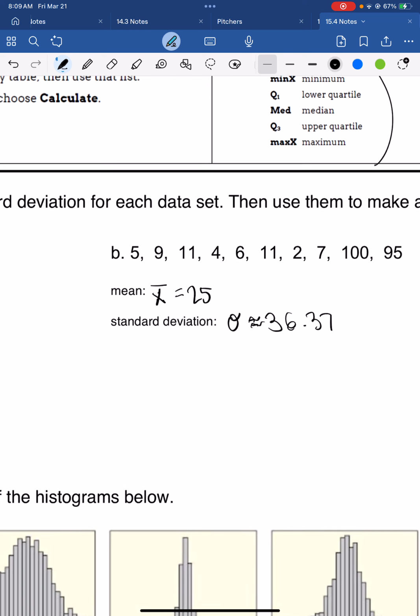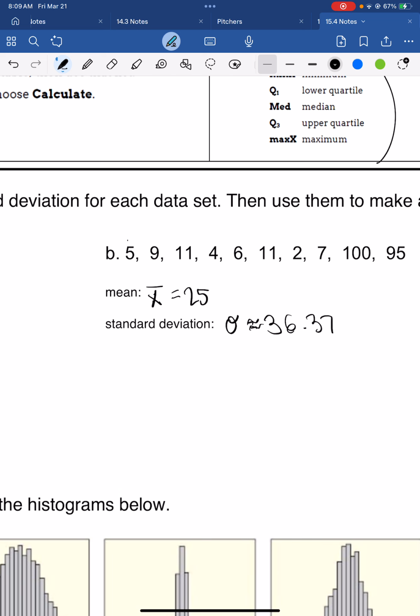So what we can see here is that when we look at these first sets of numbers right here, all these numbers are fairly close, right? They're between 2 and 11. But we have these much larger numbers, and what happens is that's going to make our standard deviation way too big. We'll talk Monday about when it is best to use what type of data, but what this is telling us is the data is widely spread.